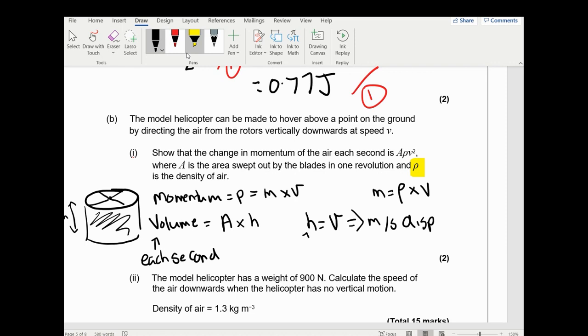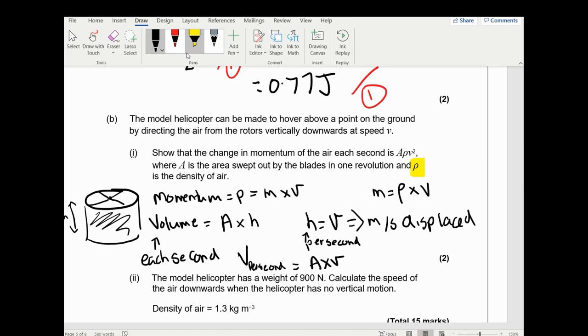So the height per second is the height of that air displaced. So the volume per second equals area times the velocity there.